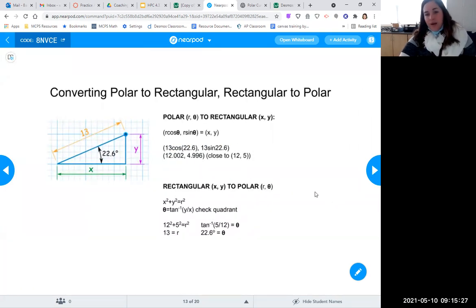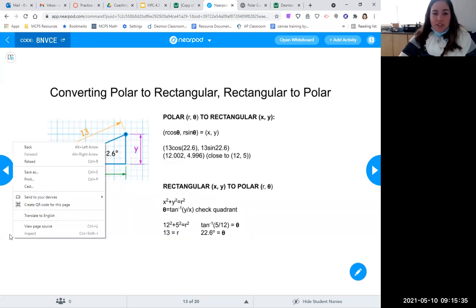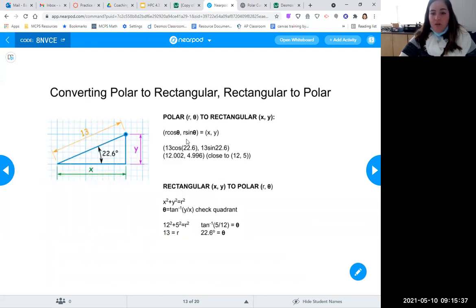Okay, another thing we need to learn is how to convert our points. So remember that the points are the same, they're the same location, and we just need to know how to convert them from one form to the other. So if you're converting polar to rectangular, remember polar is in the form radius angle, r theta. The way that you convert it would just be r cosine theta is x and r sine theta is y, which makes sense, right?